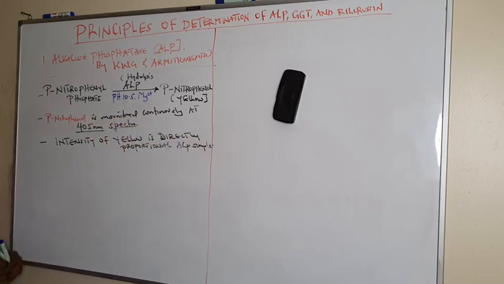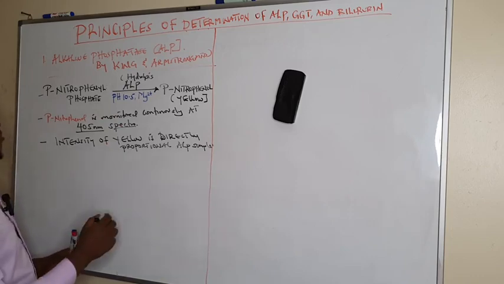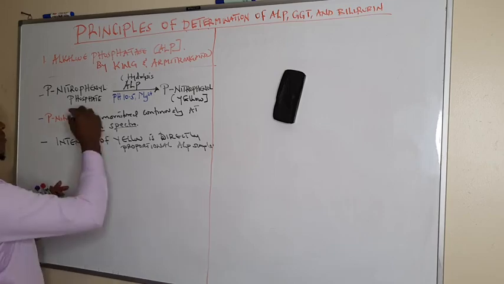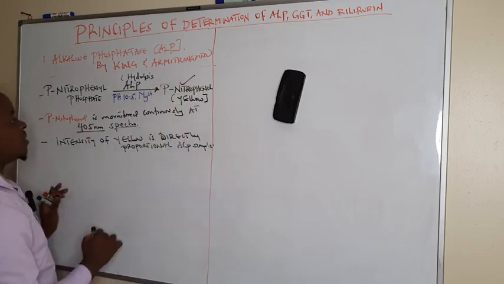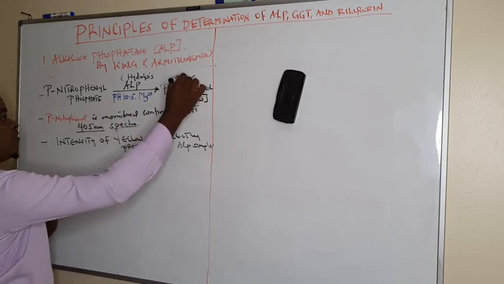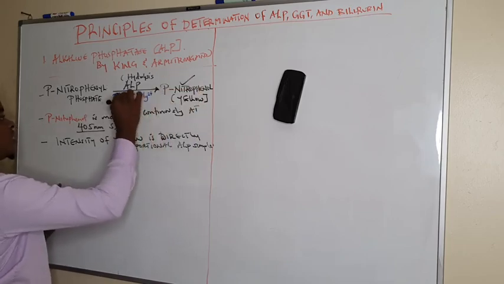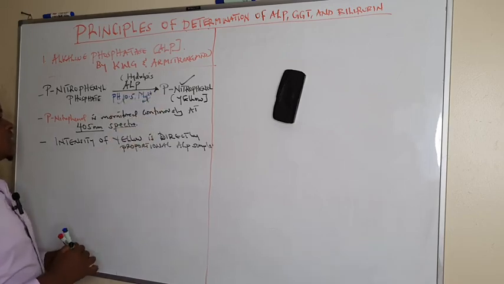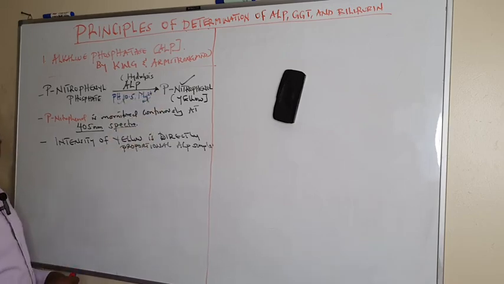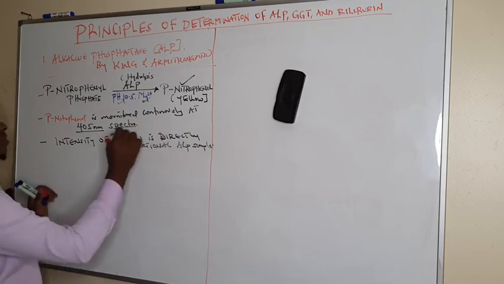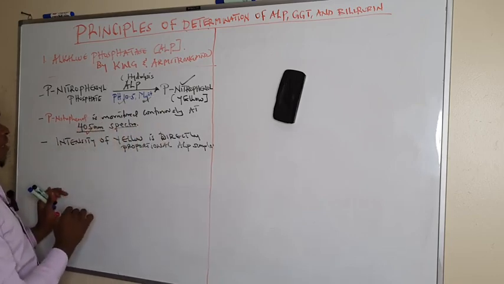So by the time a student tells us that ALP catalyzes the hydrolysis of this to form this, you get a mark. You get half a mark or a full mark, then the conditions take half a mark. Then you tell us that this is monitored continuously at this wavelength, another mark.